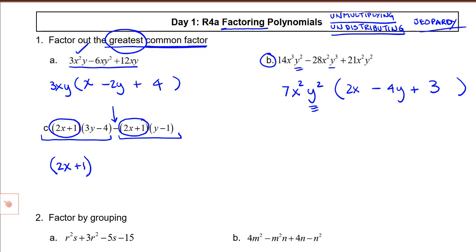Okay? This is wrong. Squared. That's wrong. Because look, you took an x out of here, an x out of here, an x out of here. Why didn't you write x cubed? Right? That's wrong. So you wouldn't do the same thing here either.